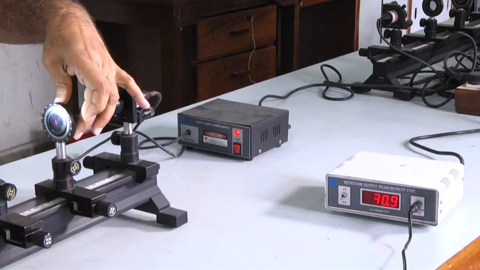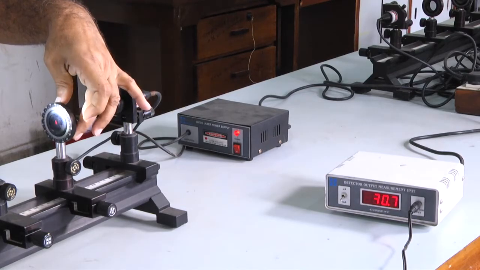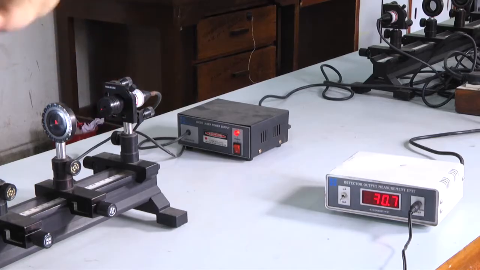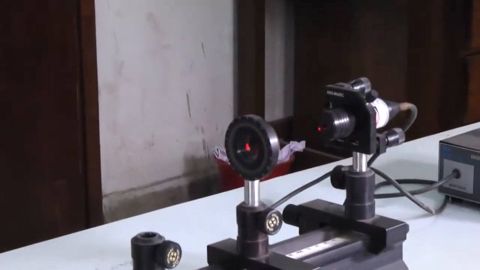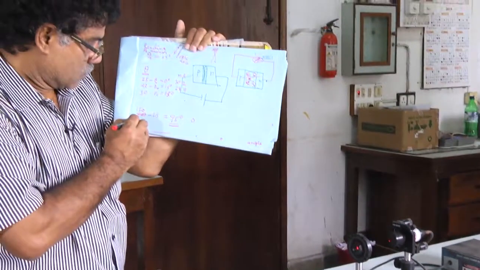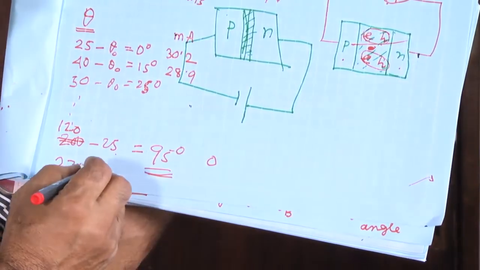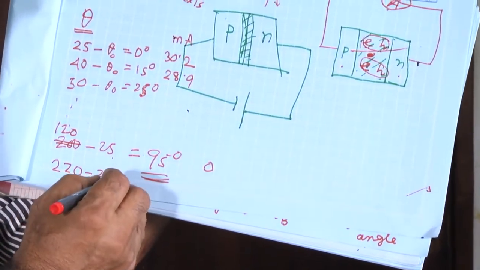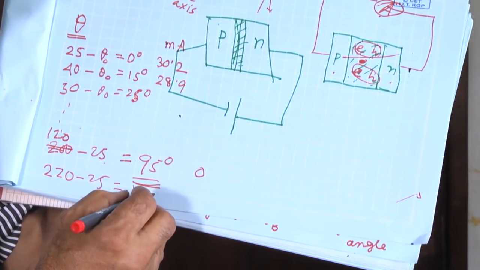So I am getting maximum at this point. Now again it started to decrease. Let me maximize it. I am getting around 220, minus 25, so it will be 195.